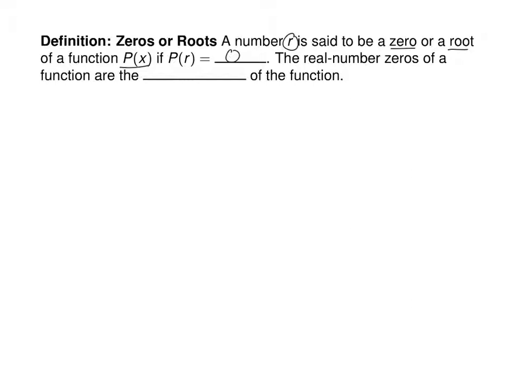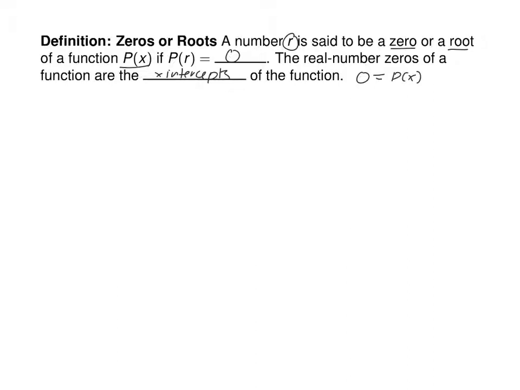And the real number zeros, this is like saying you solve the equation 0 equals p of x. Sometimes those zeros are going to be real numbers, sometimes they're going to be imaginary numbers. If they're real numbers, what do they correspond to on the graph? They're the x-intercepts, exactly. We're not going to graph any imaginary x-intercepts.